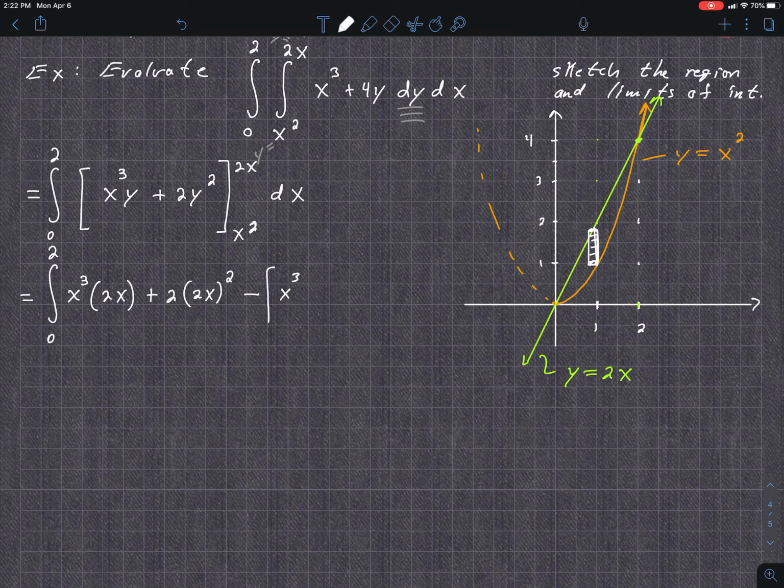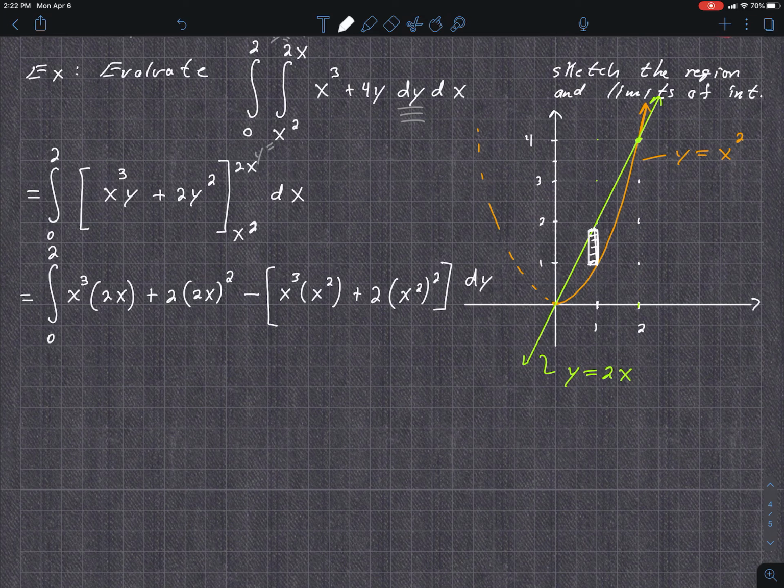So it's x cubed, and just make this into a bracket, try to make it clear what I'm looking at. So it'll be top minus bottom, right? So there's x cubed, x squared plus 2 times x squared squared.